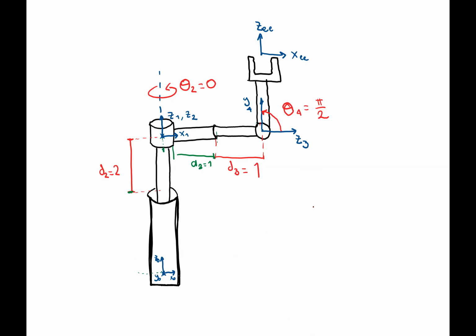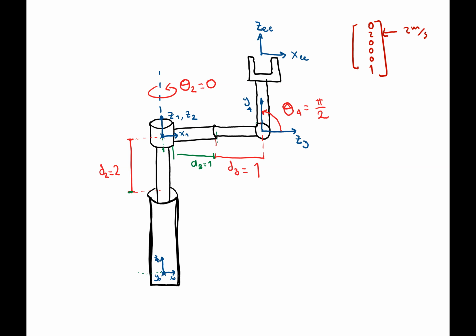So this is the joint configuration that was asked for in the exercise, and we're saying that theta 2 is rotating at an angular velocity of 1 radian per second. The velocity that we got in the end was 0 2 0 0 0 1. So this means that the velocity in the y direction is 2 meters per second.